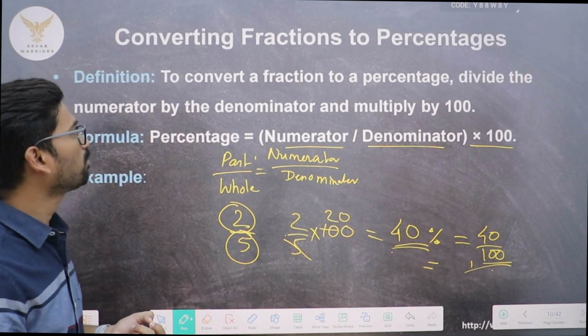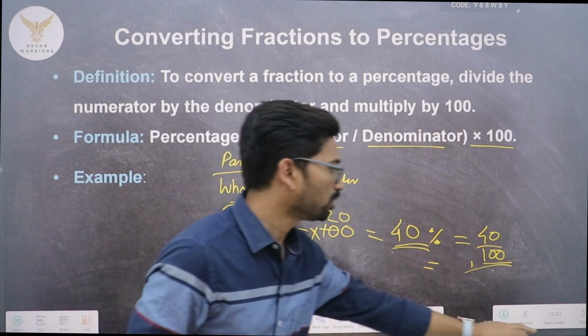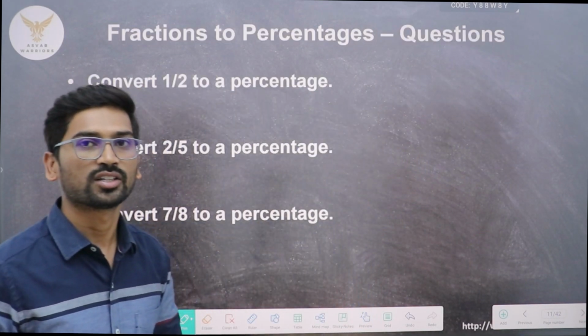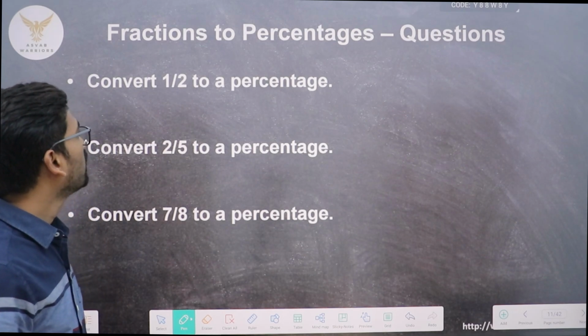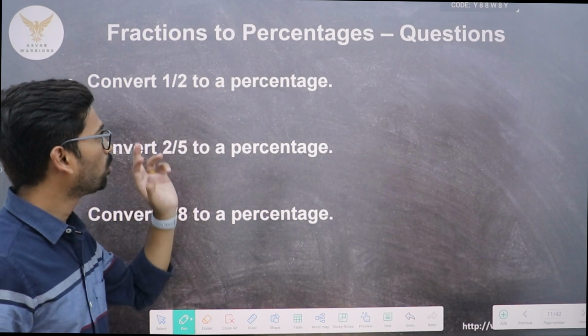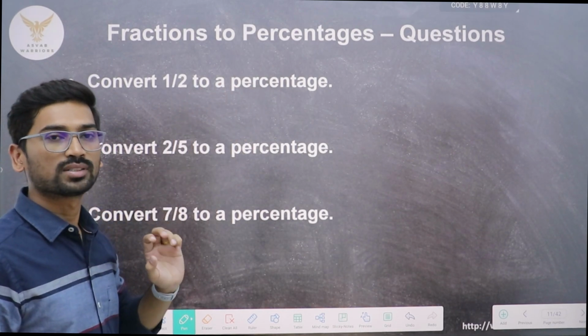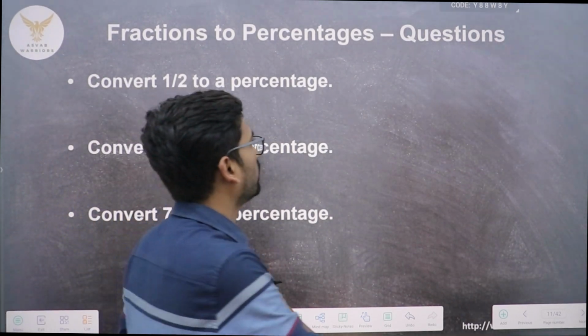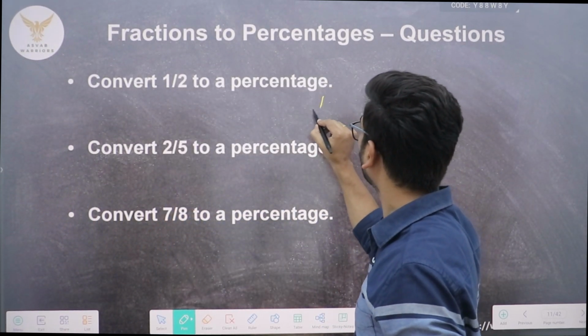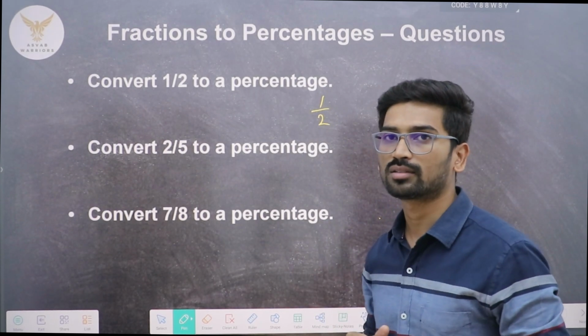Now we will see examples of how to convert fractions to percentages. We will see some very simple examples. Example 1 says convert 1/2 to a percentage. We have to convert half into a percentage. There is a fraction, 1 part and 2 as a whole.